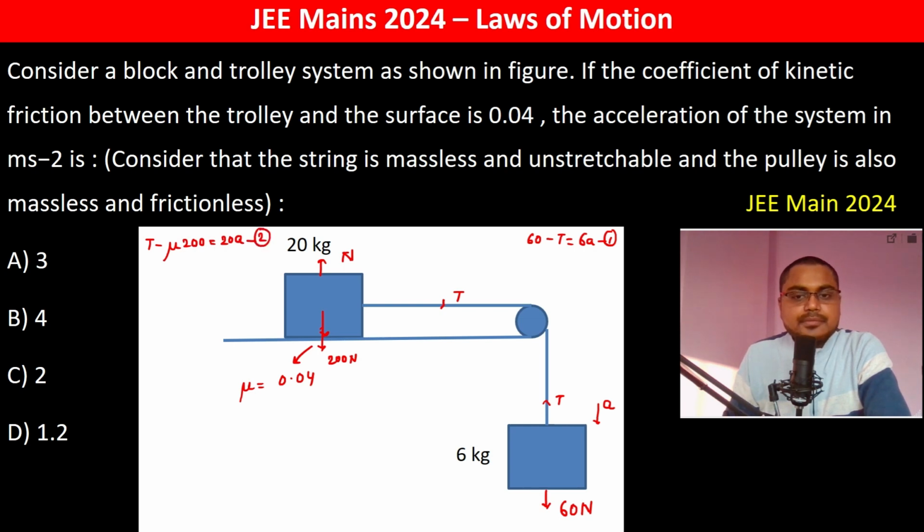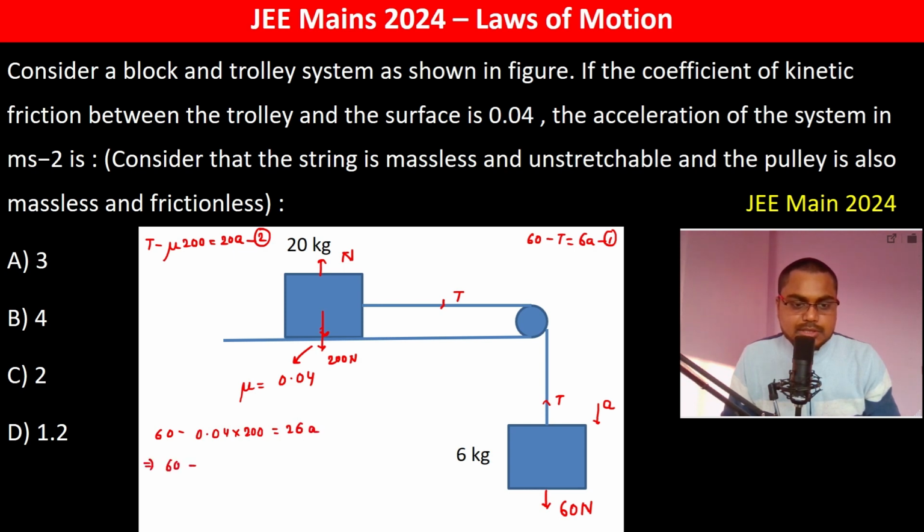This is second. दोनों को प्लस कर दीजिए, सो क्या हो जाएगा, 1 + 2 करेंगे तो we get 60 minus mu, that is 0.04 into 200 should be equal to 26a. Therefore this becomes 60 minus 4 divided by 100 into 200, it's gone, 52 is equal to 26a. So therefore a becomes 2 meter per second square.